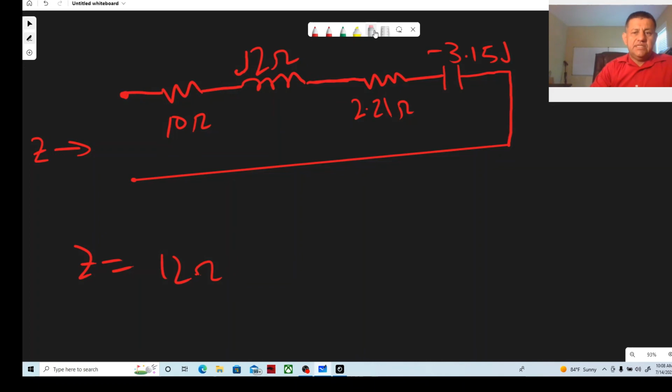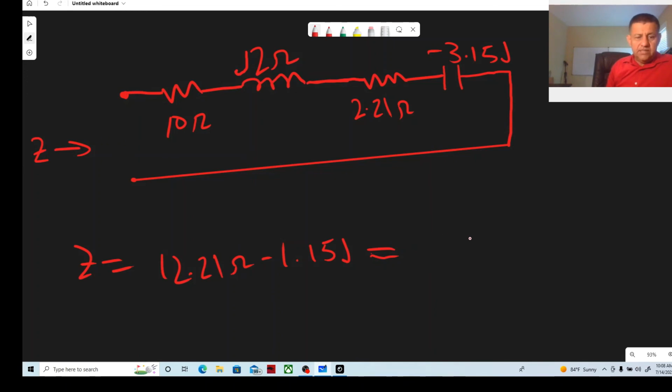Okay, so this is what I'm trying to make, right? So it's very close. The answer should be 12.21 ohms, and then minus 1.15j, right?